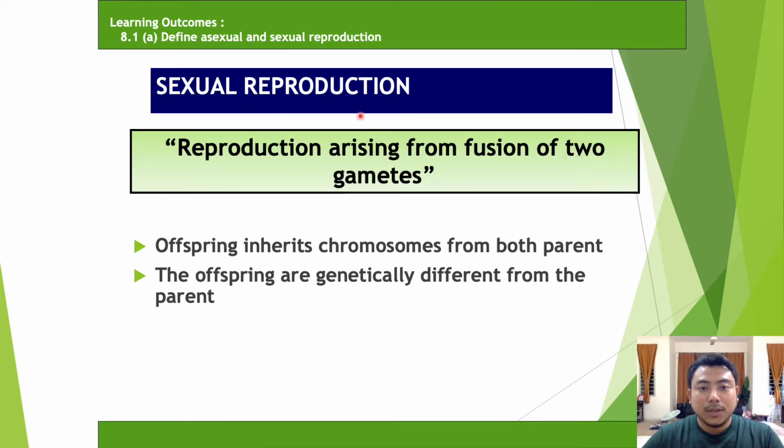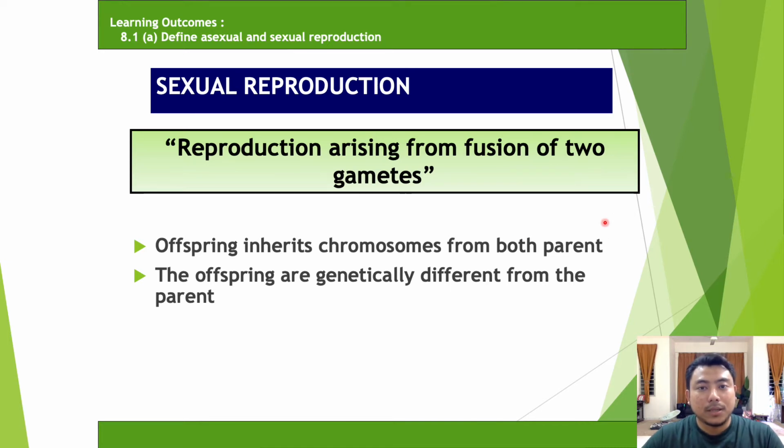So sexual reproduction is a reproduction arising from the fusion of two gametes. It involves male and female gametes, i.e. sperm and ovum. Offspring inherits chromosomes from both parents. Offspring means anak dia, inherits means dia mewarisi chromosomes from both parents. It means that half of the chromosomes come from one parent and the other half come from the other parent.